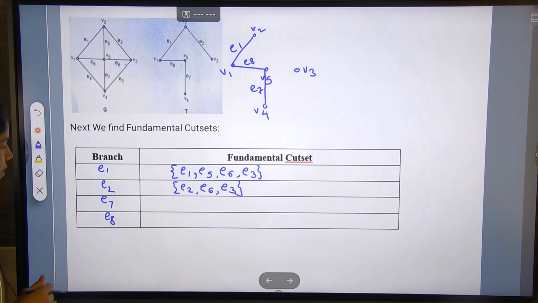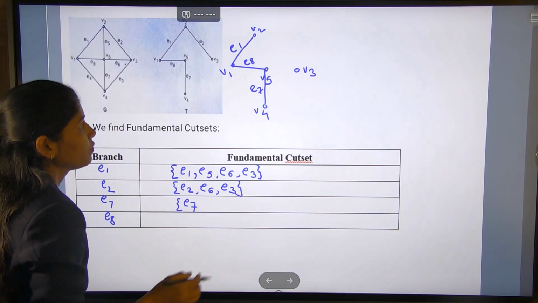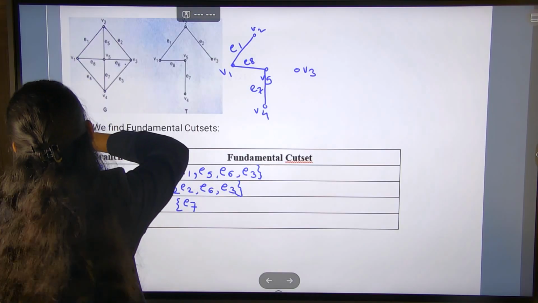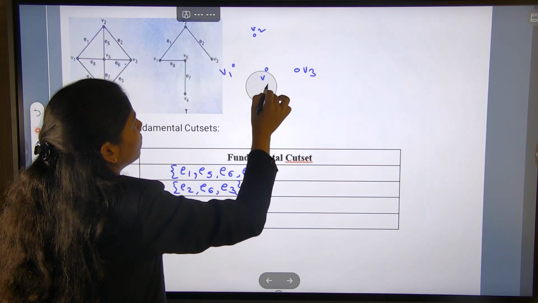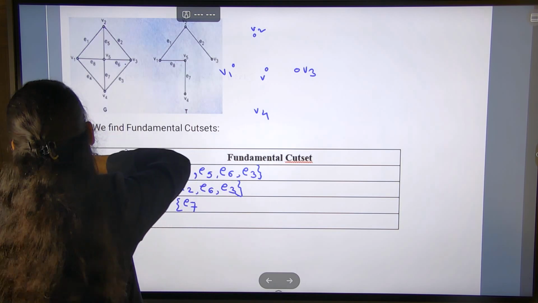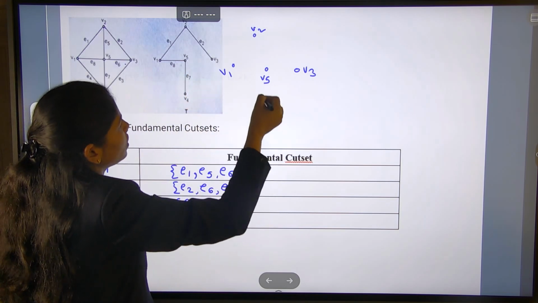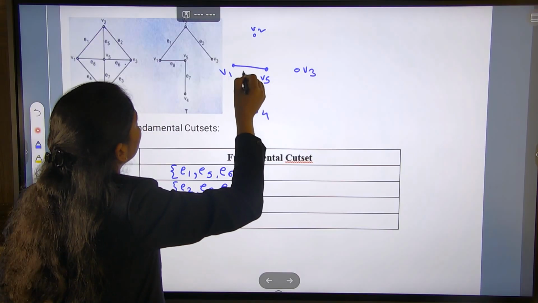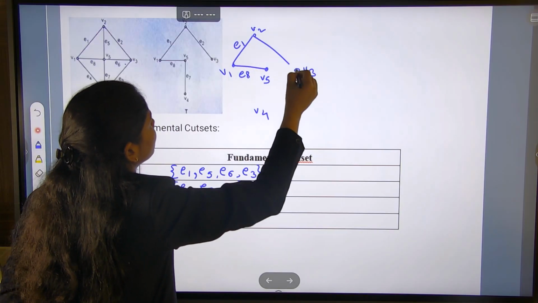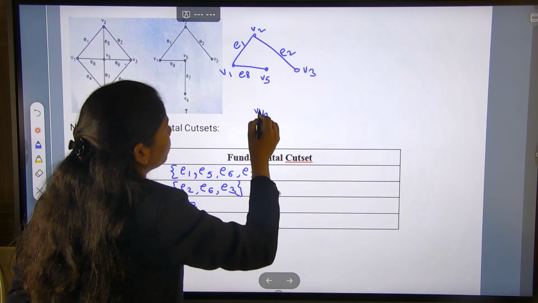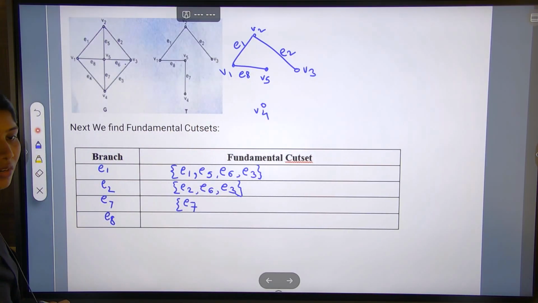Then check for E7. First of all, write down E7 itself. E7, E8, E1, E2. We get two disconnected components.